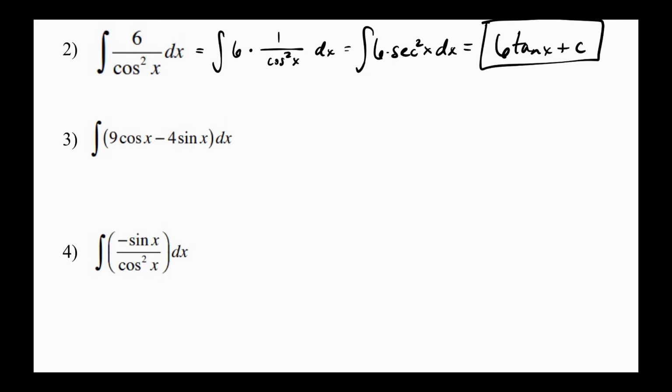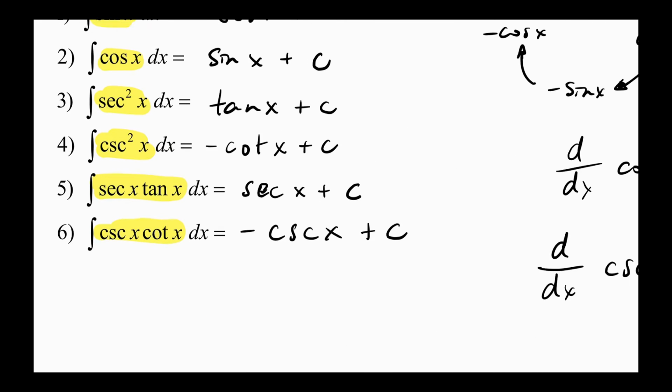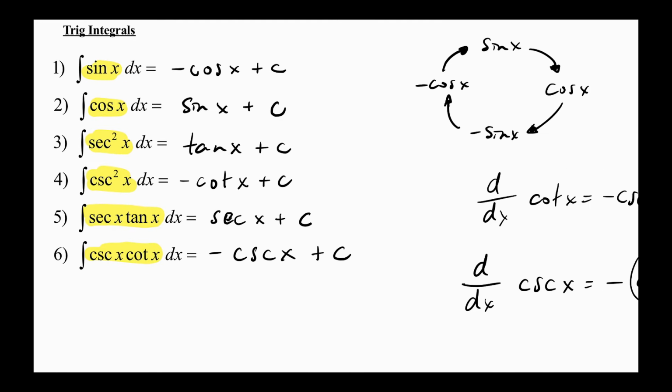Okay, so that one is just two separate, right? We have two terms. 9 cosine x is one term. That's one problem. Minus 4 sine x is another problem, right? So the antiderivative of cosine is sine, right? Because the derivative, we go this way. The antiderivative, we go that way.